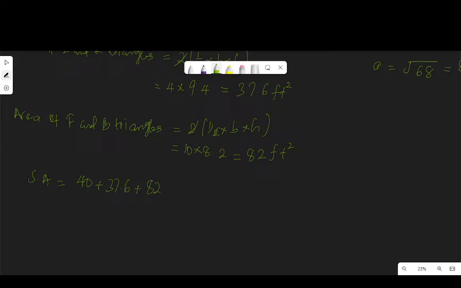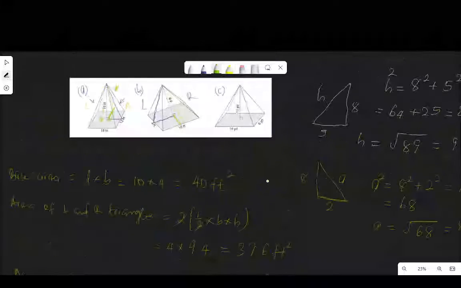Let's plug in all these values into the calculator. 37.6 plus 40 plus 82. That is 159.6.